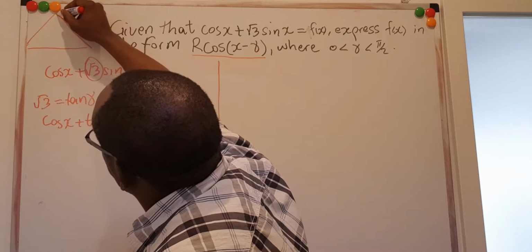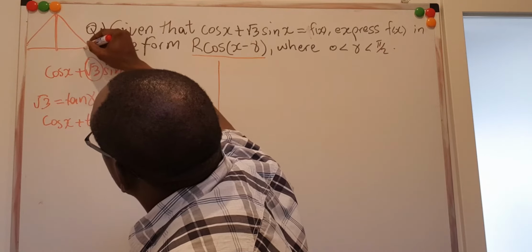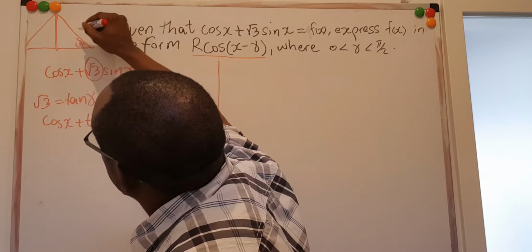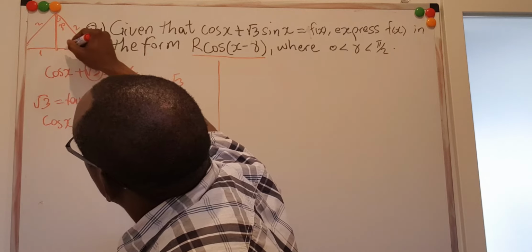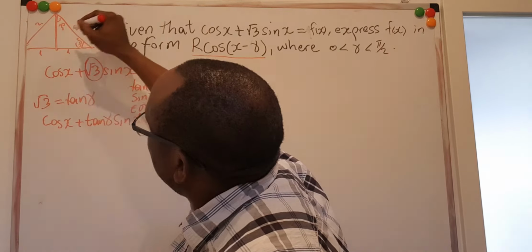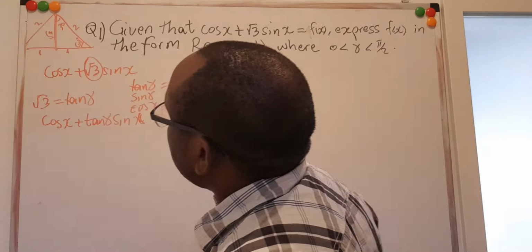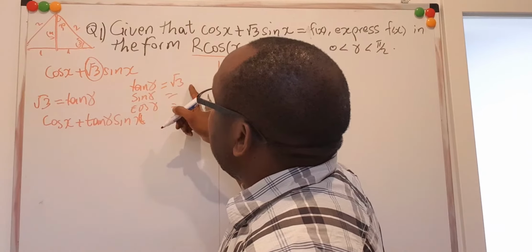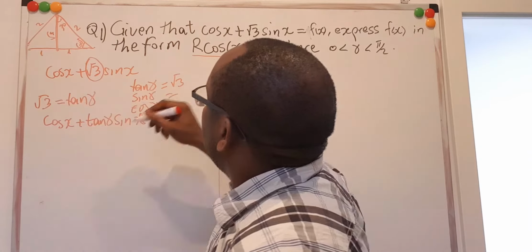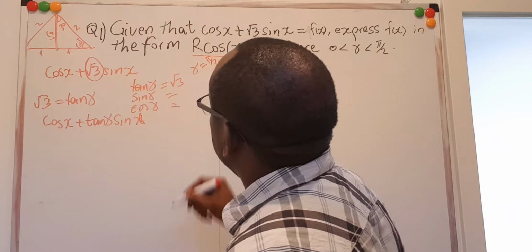If I took an equilateral triangle, this is 60 degrees, that is 30, this is 2, this is 2, this is 1, this is 1. Then you can get this information. This is root 3. So if the tangent of an angle is equal to root 3, the angle itself is 60 degrees. So gamma is equal to pi on 3.